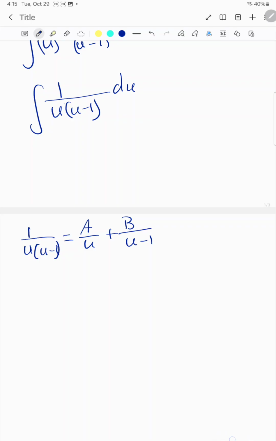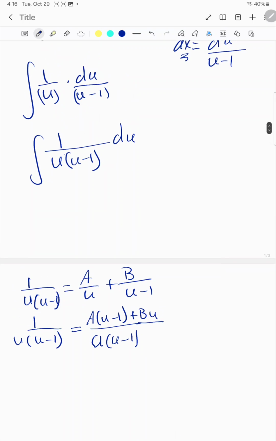On the right hand side, I want a common denominator, so the common denominator becomes u times u minus 1, and my a I have to multiply by u minus 1, and my b I have to multiply by u, and all that equals 1 over u times u minus 1. Because I have the same denominator on both sides of the equality, I can take out that denominator.